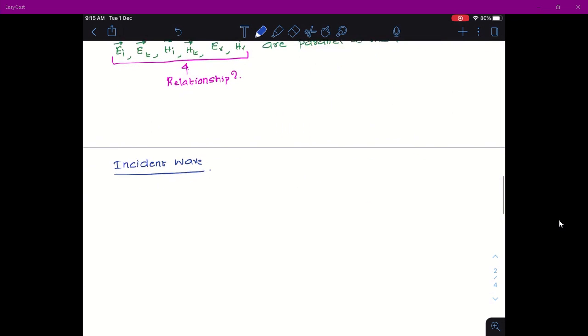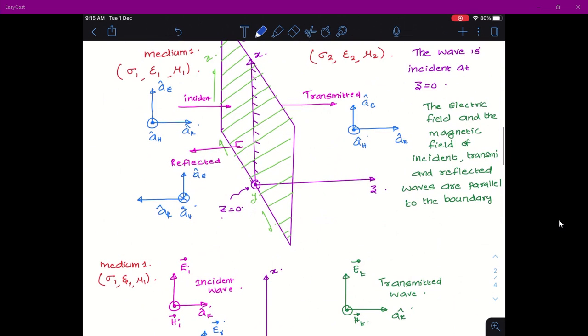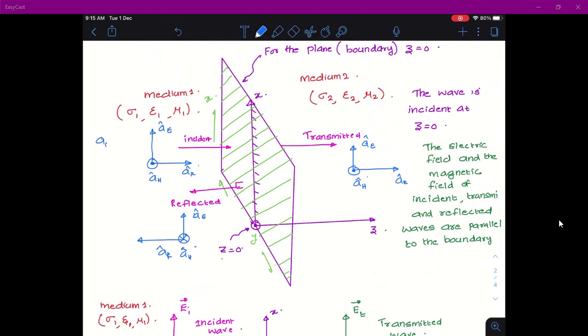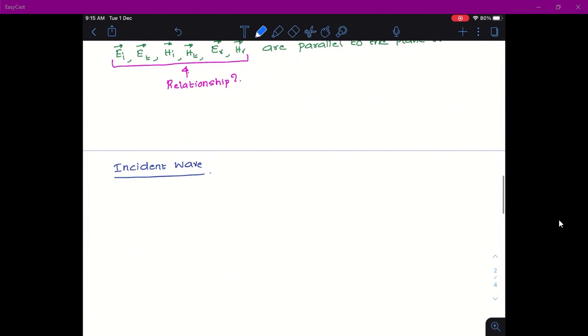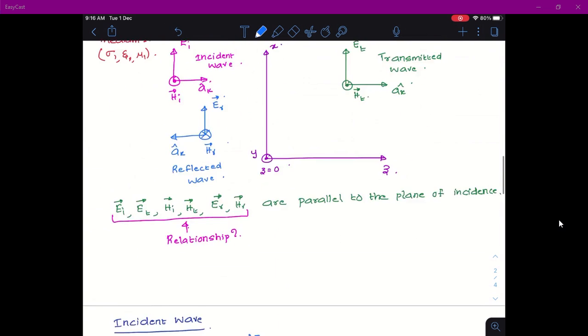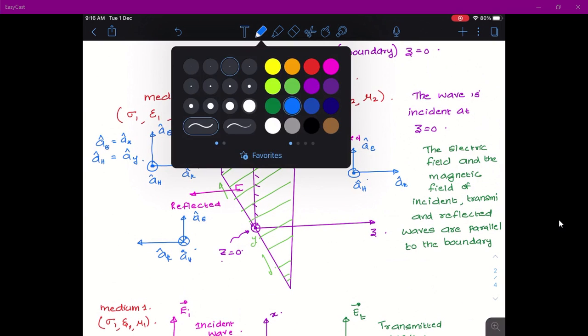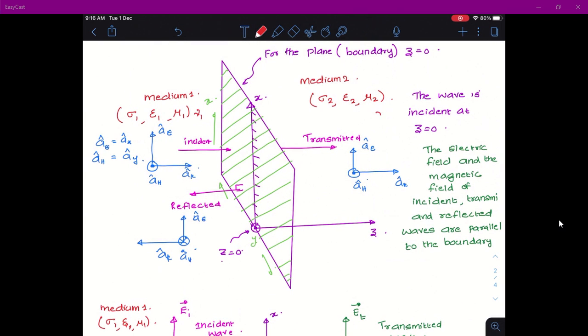Now for the incident wave, you see that the E cap is along X, and the H cap is along positive Y. We also know that we can always write EI, for which we have found the solution, as E0 e raised to minus gamma Z. We are assuming that in medium 1 you have the propagation constant gamma 1 and in medium 2 you have gamma 2.